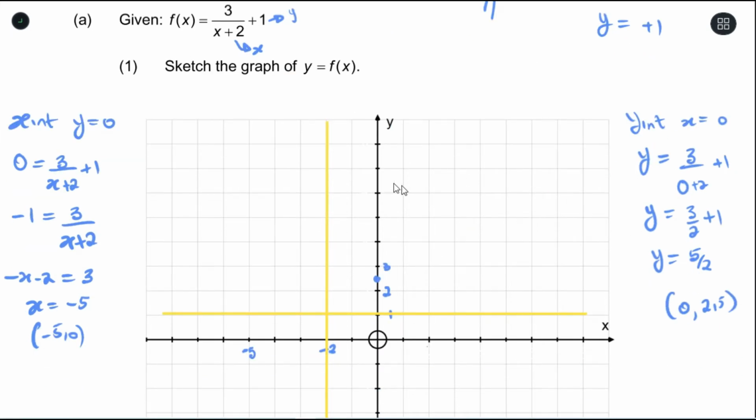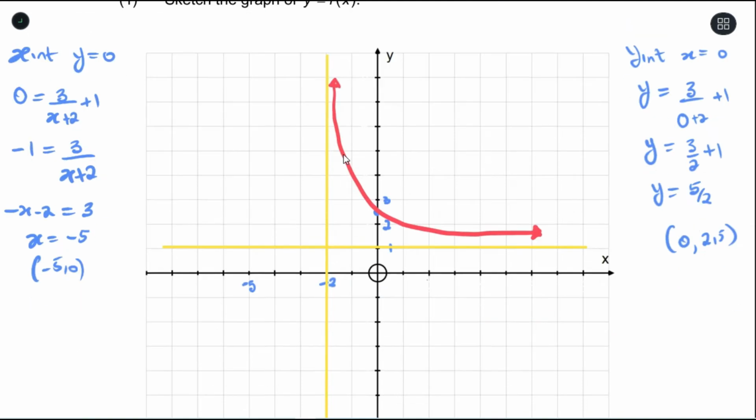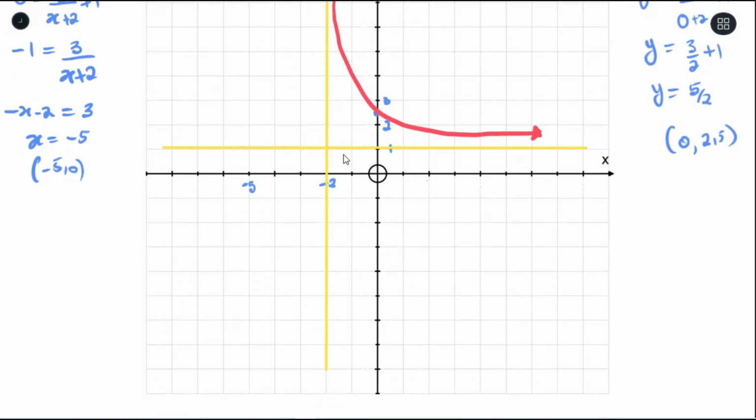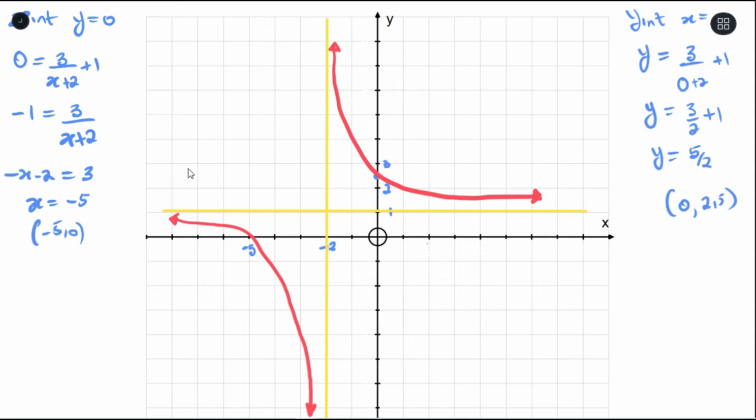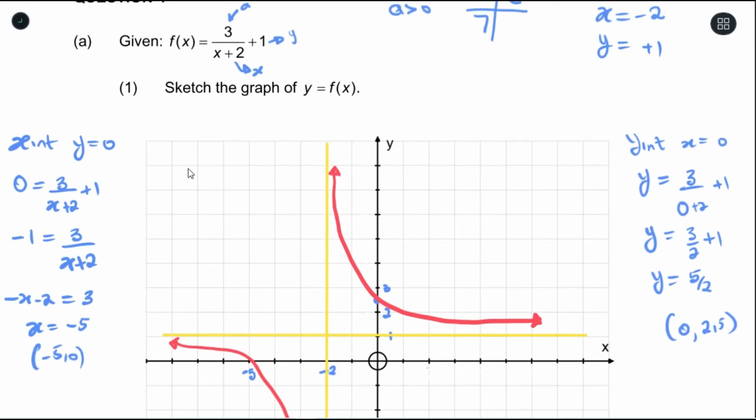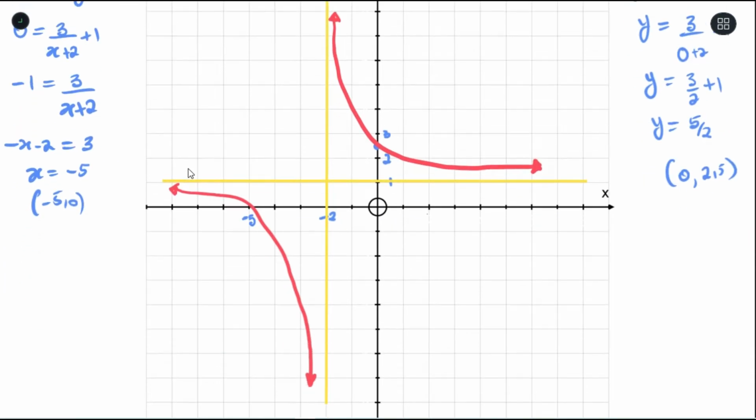Okay, so all our graph is going to be here. It's going to go like this. Okay, and the second part of our graph would go like this. And that's it. So this will be the graph of f of x. That's exactly what they wanted.